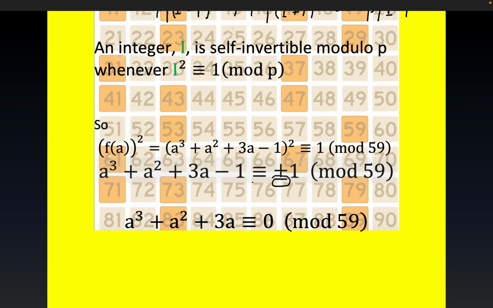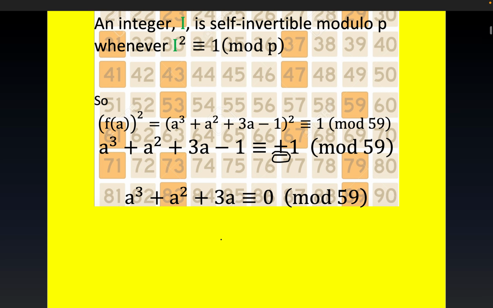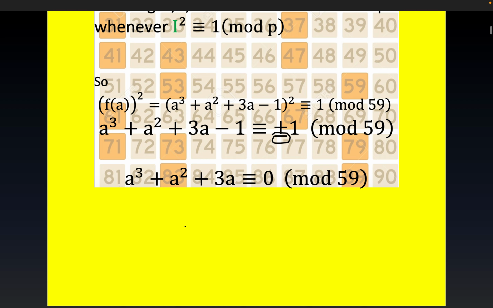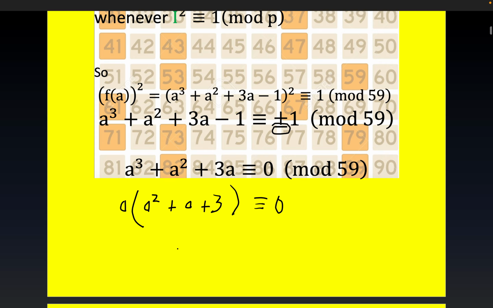The positive version will give you a constant of 2, and it's a little bit more work since it's a cubic with a constant term. Here we can actually use some factoring to get a result pretty quickly. We can factor out an a, okay? And we get this result right here, a squared plus a plus 3 is congruent to 0. You see this theme of p dividing a quantity.